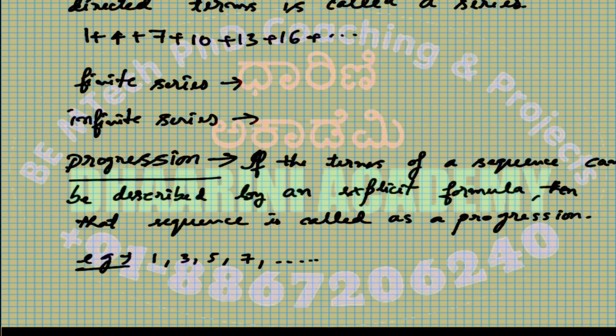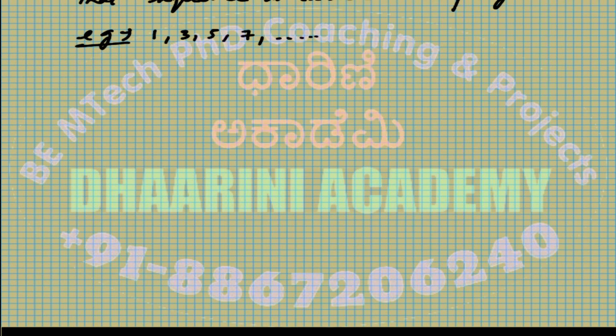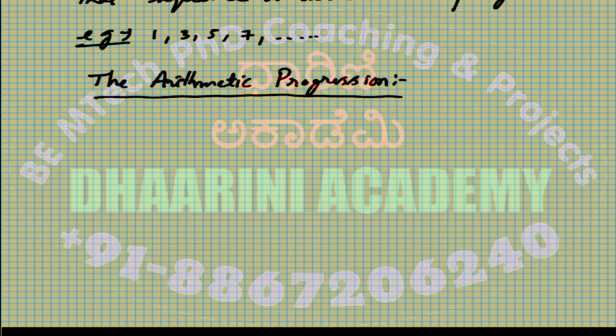Now let's go to the specific types of progressions. The first type of progression is called the arithmetic progression, generally denoted by AP.